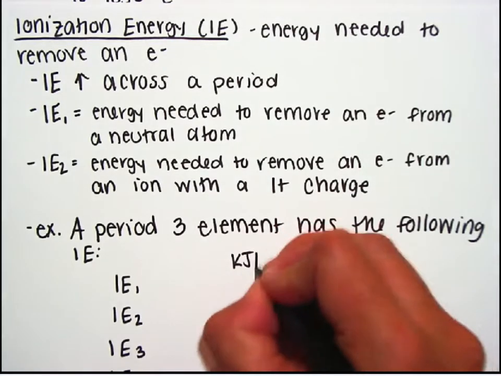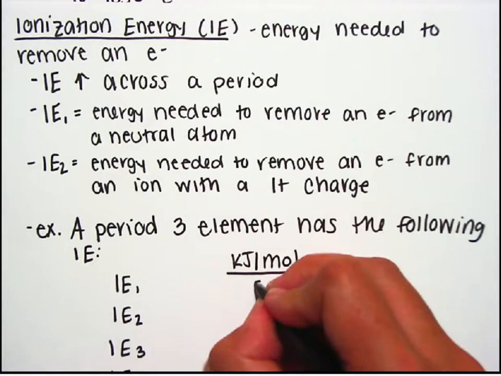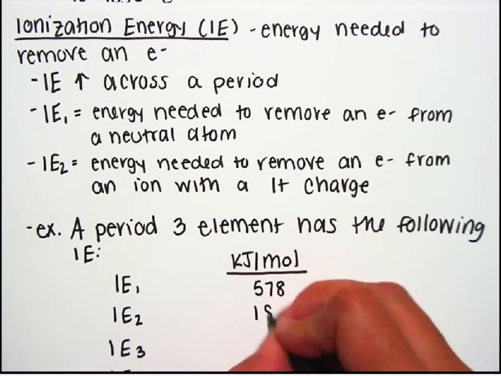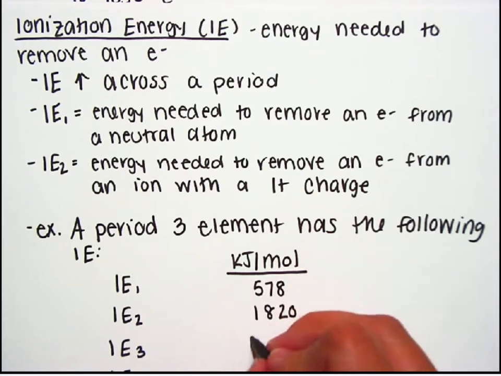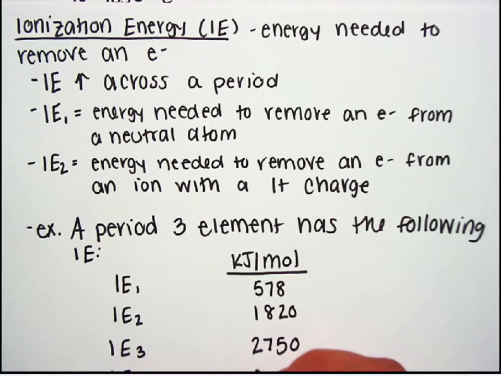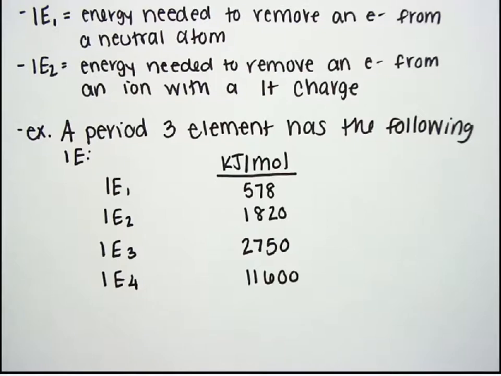And then we had some ionization energies listed in kilojoules per mole. So remember we said each succeeding ionization energy is greater than the one preceding it. So we can see that as we remove more electrons, it's going to take more energy.